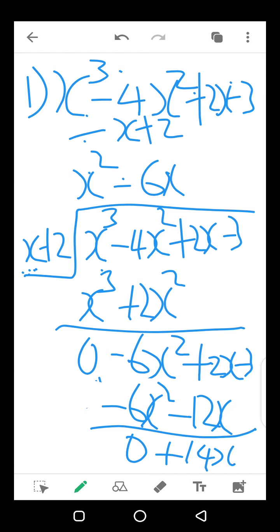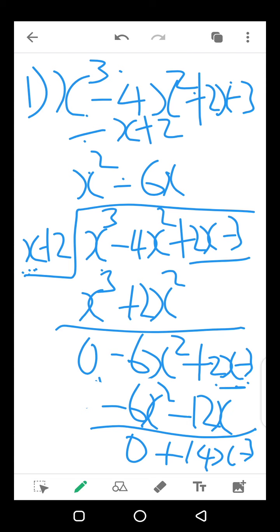Now this minus 3, we bring it down. The one that we did not perform any operation on, we bring it down. Here we performed an operation with this one, but no operation on 3, so we bring the 3 down, minus 3.